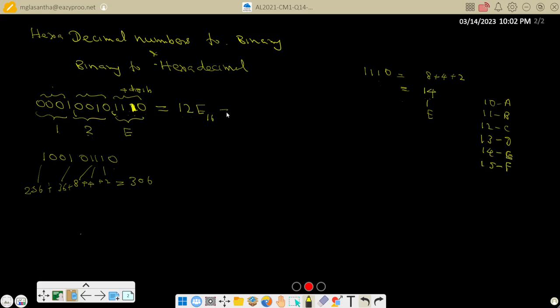Now in hexadecimal number, E. So 1 into what is 14 into 1, 16 to the power of 0.